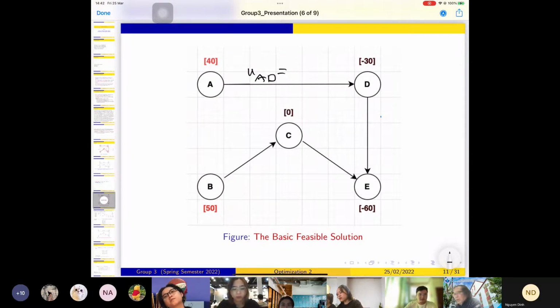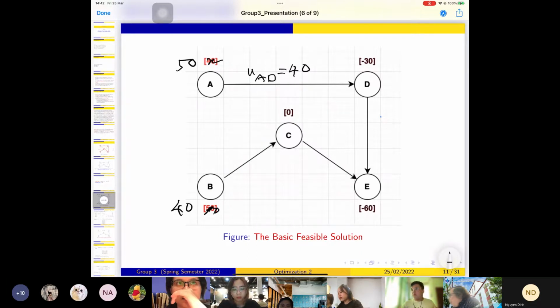You have here 50, you have here 50, and you have here 40. Is that okay? Suppose that at the beginning they have here UAD is 40.